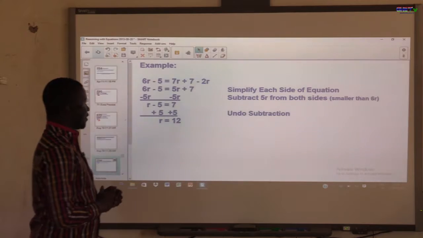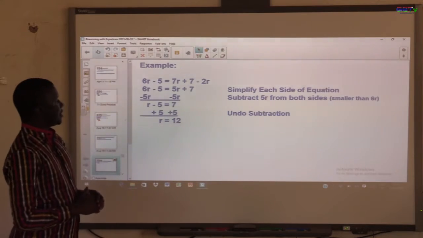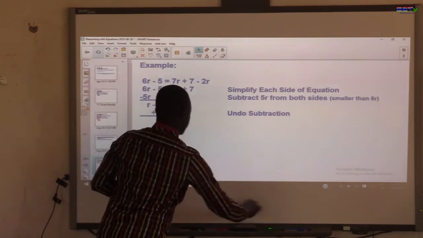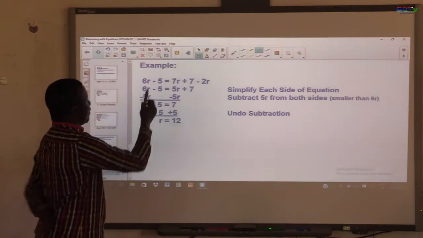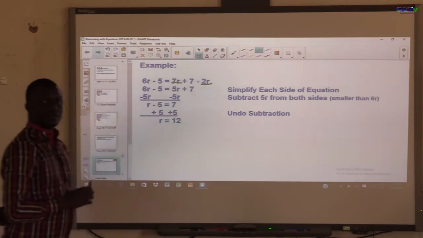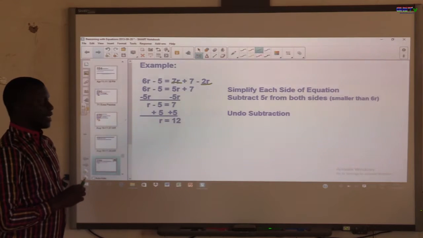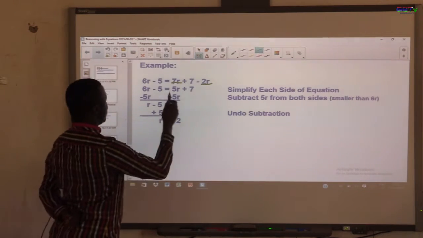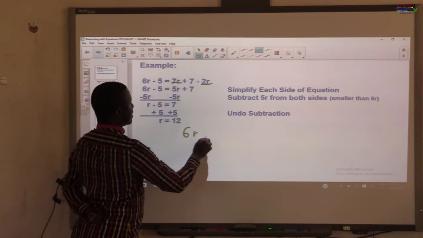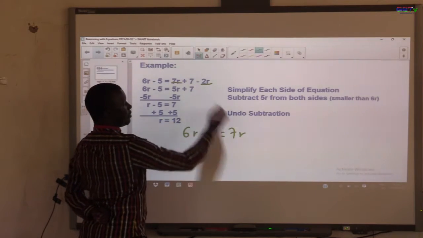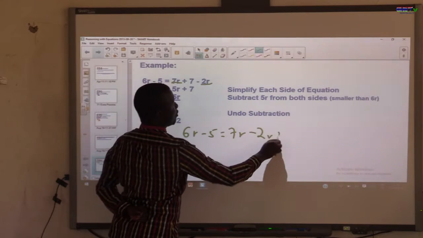First, simplify each side of the equation. That is exactly what we wanted to do here. We have 7r and 2r, so the variables are on the same side of the equation. Therefore, we can say 6r minus 5 is equal to 7r minus 2r plus 7.